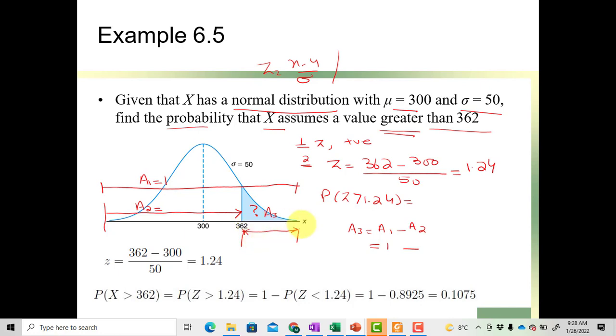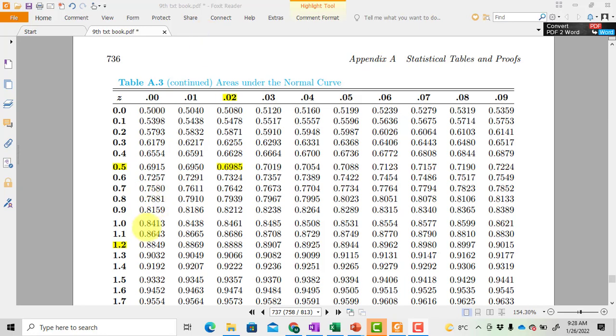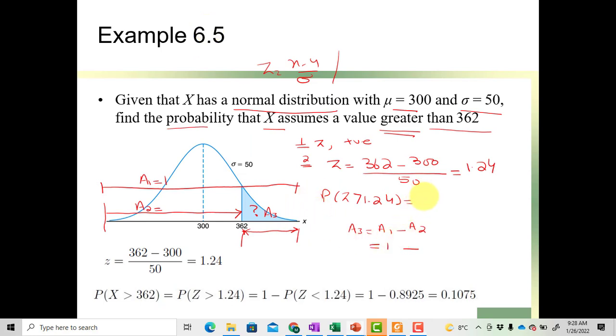So I'm going to the book. The appendix has been opened. We have to check 1.2 and this 4. So we got 0.8925. So I will write here, the area is 0.8925. Okay, so A3 will be equal to, A3 is the whole area minus A2, we got this value 0.8925, and the answer is 0.1075.